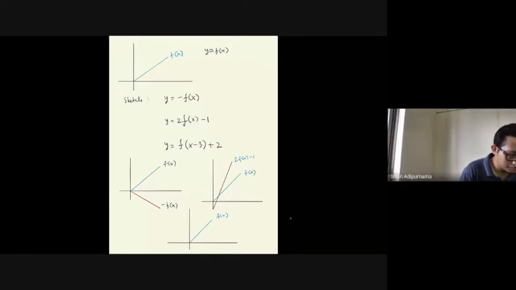Then I will shift 3 to the right, just here, and then +2, maybe here. Maybe it's not parallel, but I just make them parallel. So fx -3 +2. Okay, this one, the fx and 2fx.